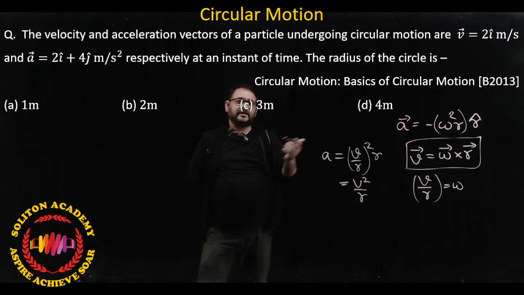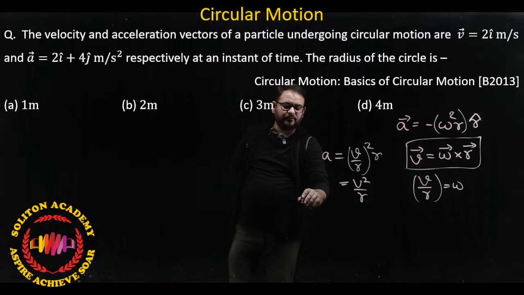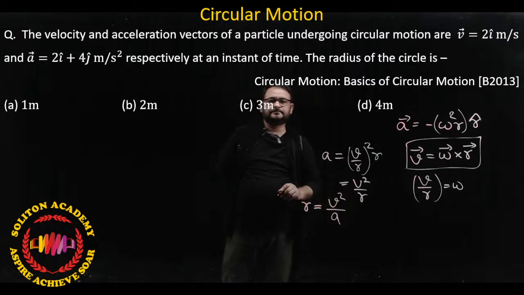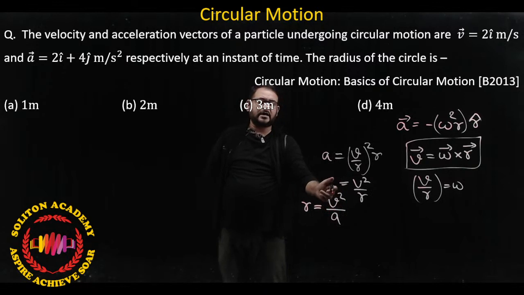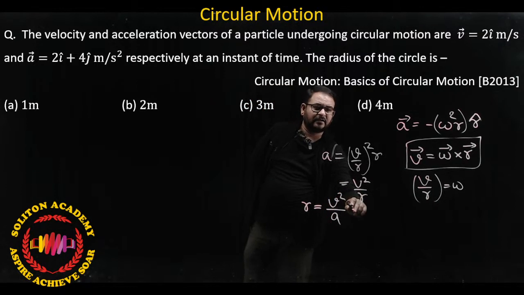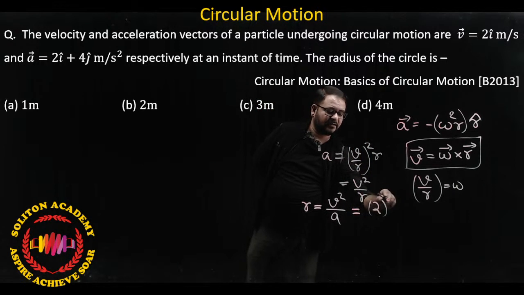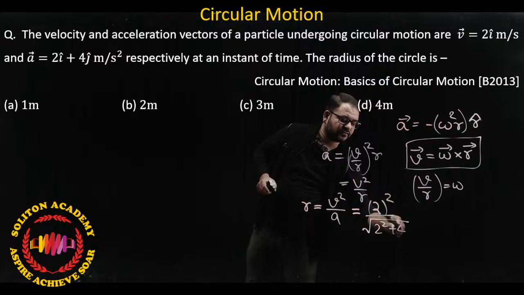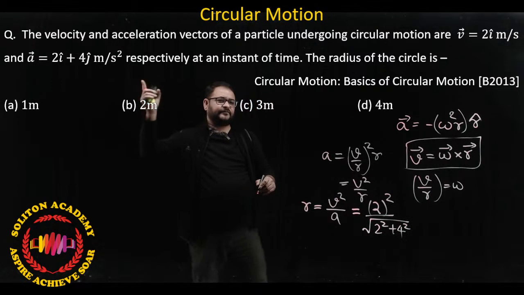Now, they have given it in vector form. So, why shall we worry? We can get the radius as v square by a, right? Either we write the magnitude of v squared divided by the magnitude of a. The magnitude of v is 2, so 2 square by a, where a is the square root of 2 square plus 4 square, because our acceleration is given in vector form.